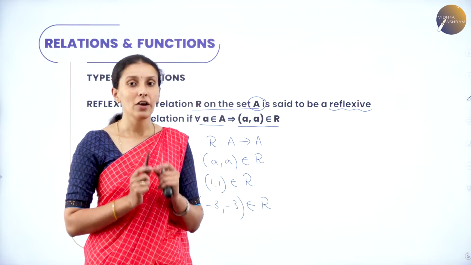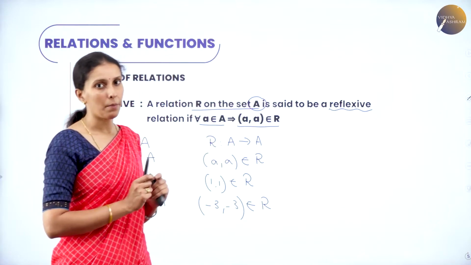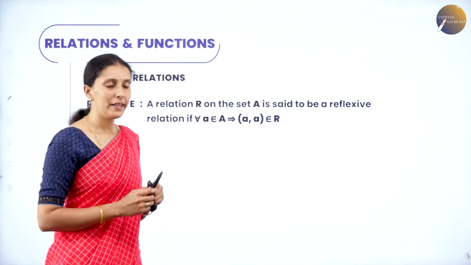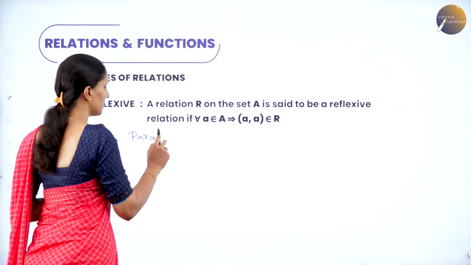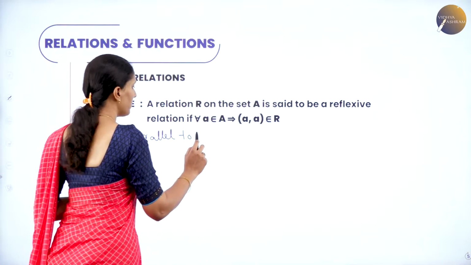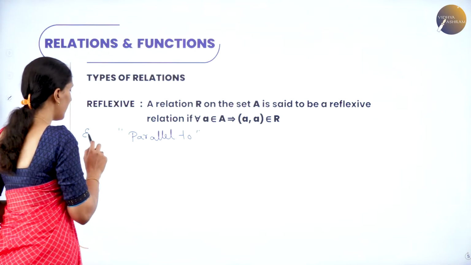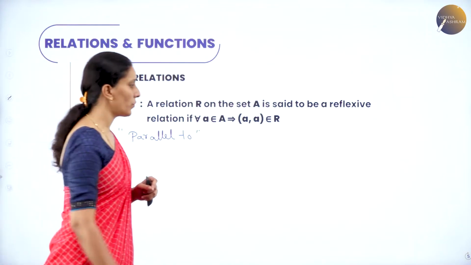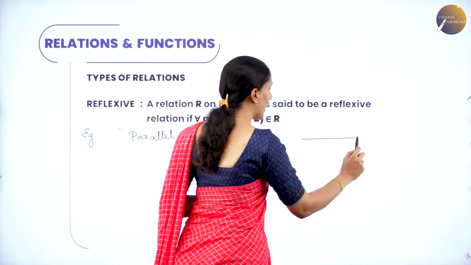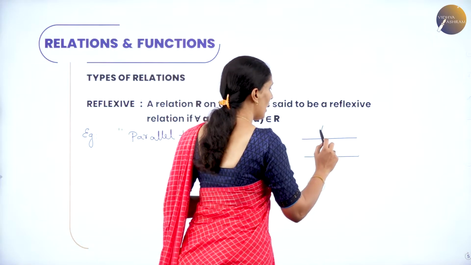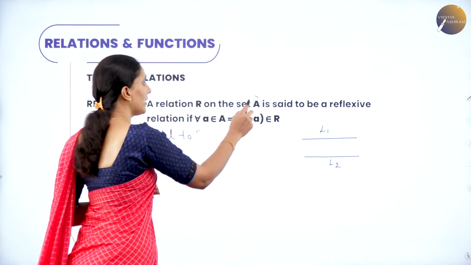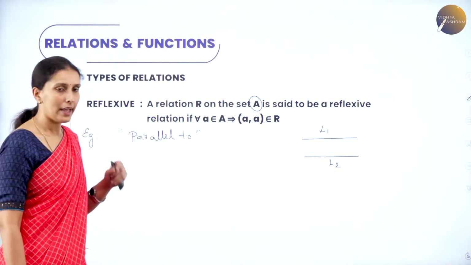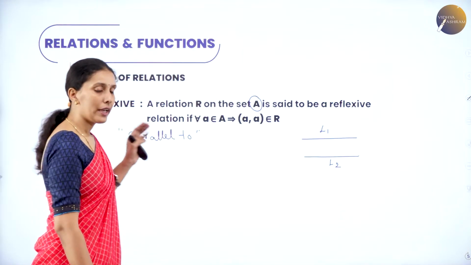Now let us take a few examples to study reflexive relations. Now let me take an example of the parallel to relation. Suppose we say two lines are parallel, L1, L2. Let A be the set of all lines. Then how do we define a relation?